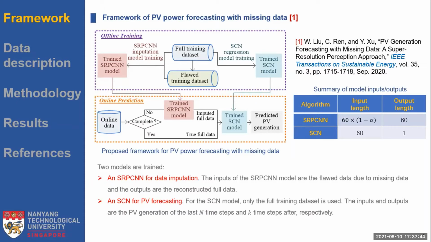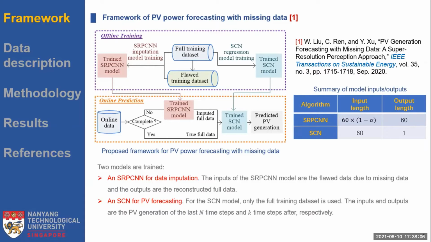To summarize, the SRP-CNN model is used for missing data imputation. The input length is 60 times (1 minus alpha), where alpha is the missing data ratio. If we assume a missing data ratio of 50%, then the input of the SRP-CNN will be 30.